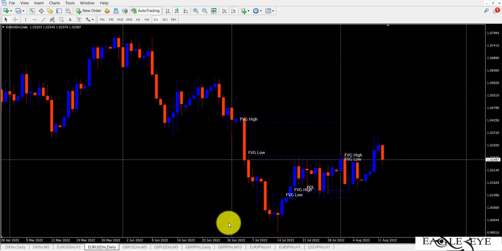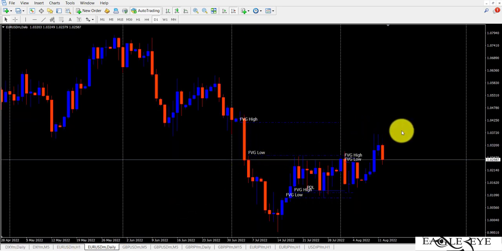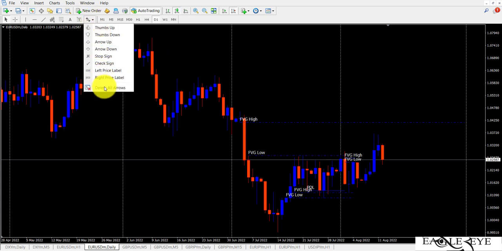And so should the dollar index run into those equal lows that we talked about, if it should open up on Monday and we run into these equal lows, then I'm expecting the USD to run up to this particular high here and then probably fill this particular fair value gap right there.